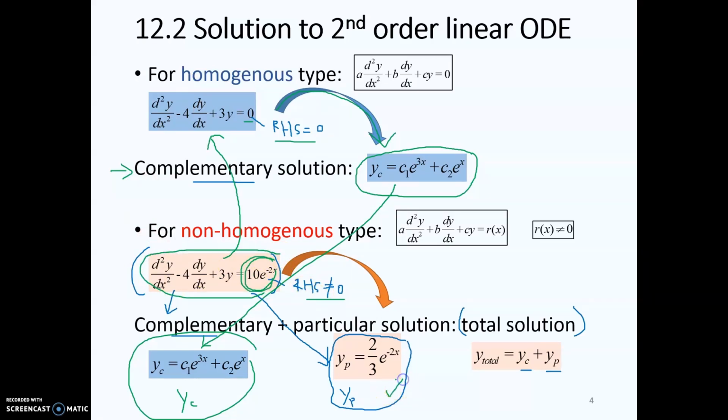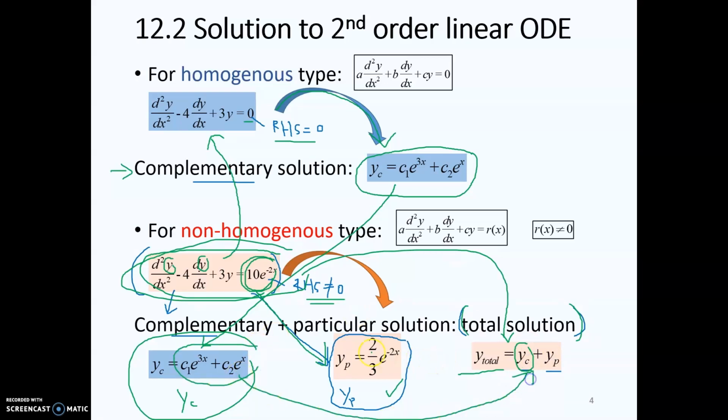To find the particular solution, you continue with the non-homogeneous ODE where the right hand side is not equal to 0. So your final solution to this ODE can be written in this form. Your YT, which is the dependent variable in this case, is equal to YC plus YP, where your YC is obtained by this, and this is your YP. After you substitute inside, you obtain the final answer.